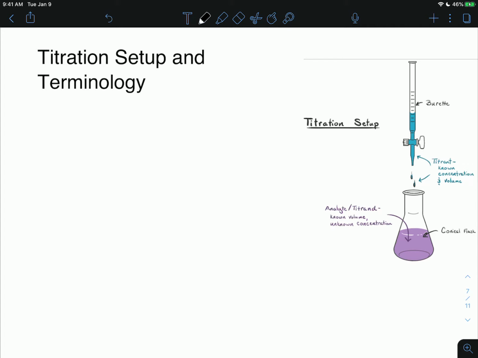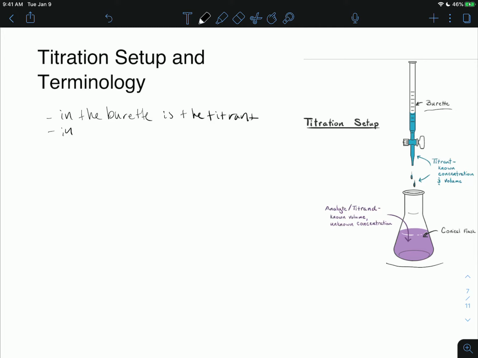Over to the right, you see what a titration setup looks like. You've got a burette, and in that burette, you have your titrant. Then below that, usually in a conical flask or Erlenmeyer flask, you have your unknown or your analyte.